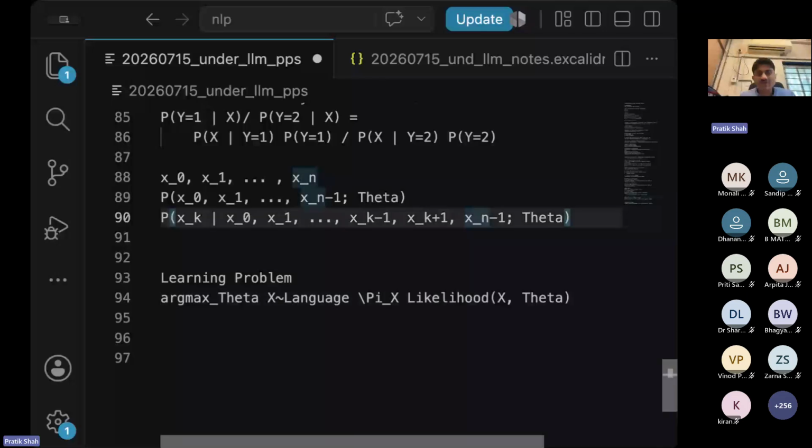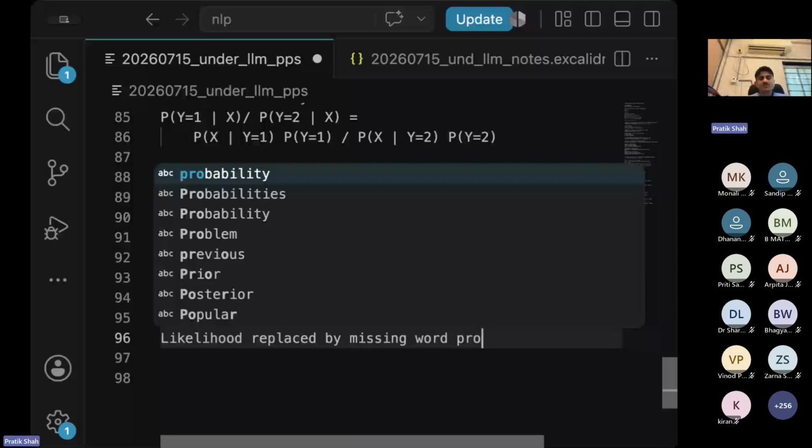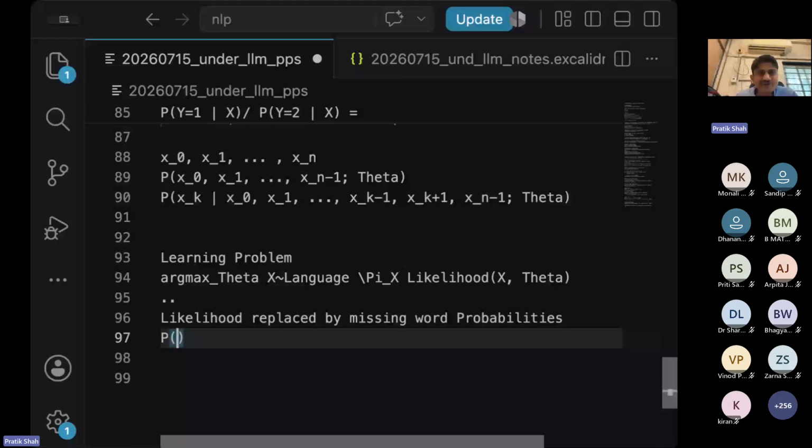Now likelihood is difficult to achieve, so what do we do? Replace by missing word probabilities. So instead of likelihood, I'm going to use precisely the same thing that you asked. So there are learning tasks.